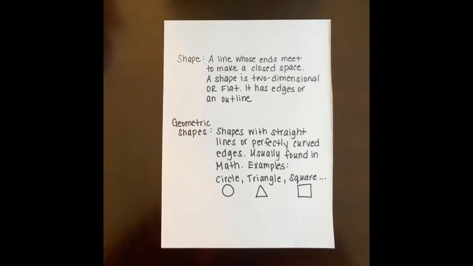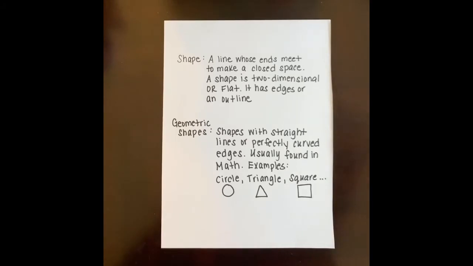Those would be your geometric shapes. They have rules that make them the way they are. For instance, a triangle must have 3 sides. It must have 3 points. So that's kind of how you can figure out the difference between geometric and organic. Today we're focusing on the geometric shapes, so we're going to be doing more precise shapes. Specifically, we're going to be creating a lot of circles.